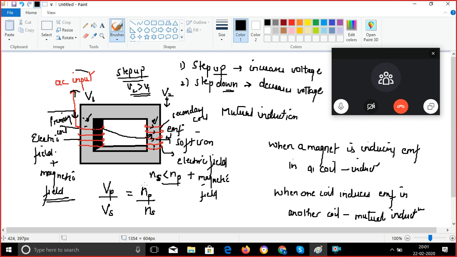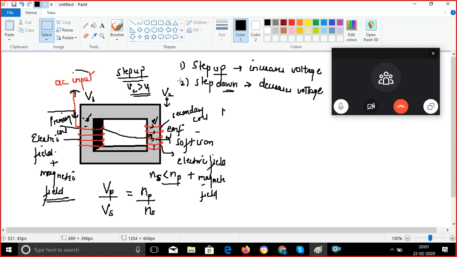Now, it's working as I've already explained, but let me write point by point. So first, it starts with the primary coil, on the left-hand side.